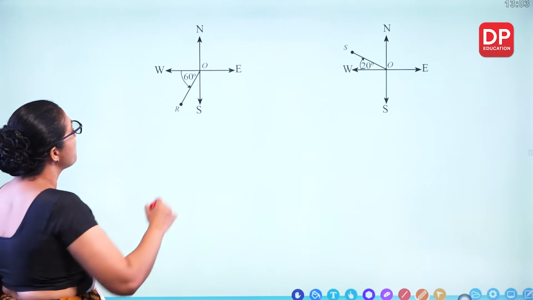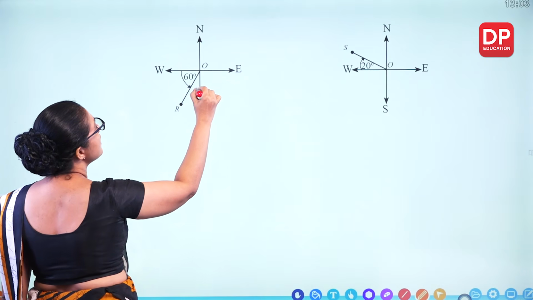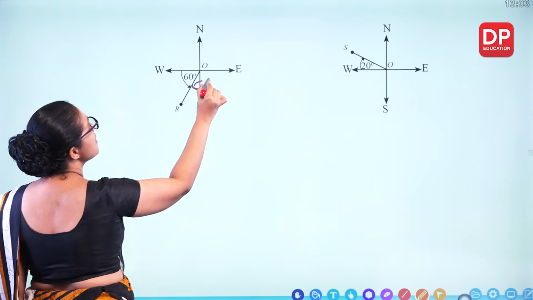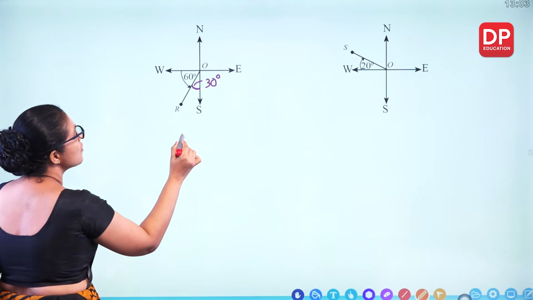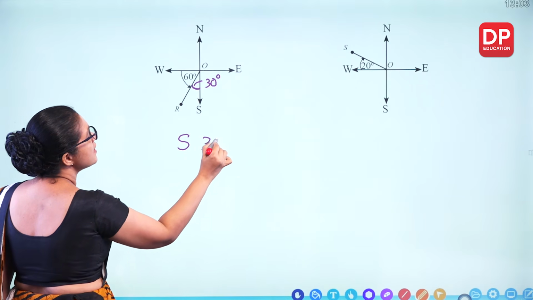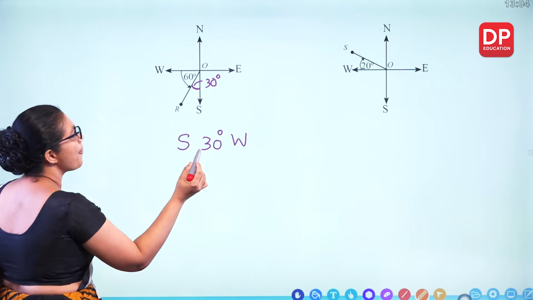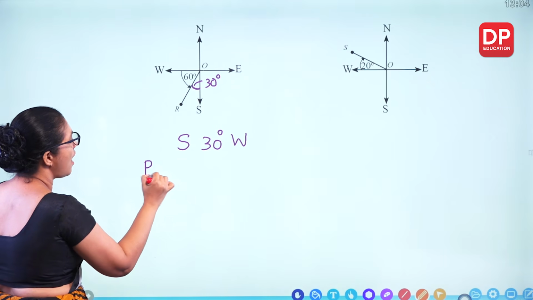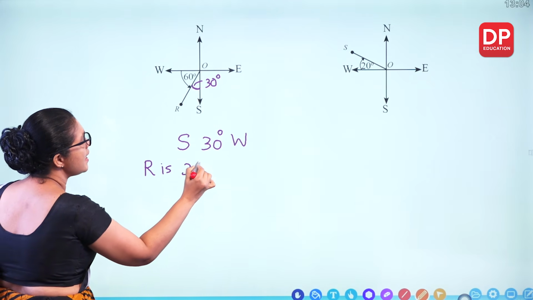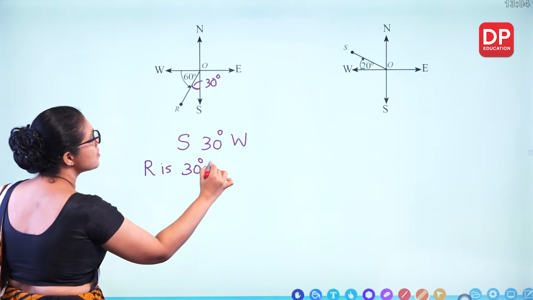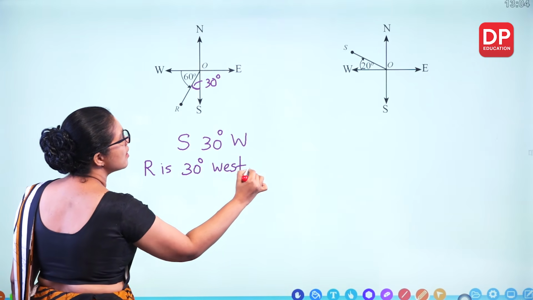This one, what is this angle? This is 60. So this becomes 30 degrees. So starting from south, 30 degrees towards west, this side. So how can I write? R is 30 degrees west of south.